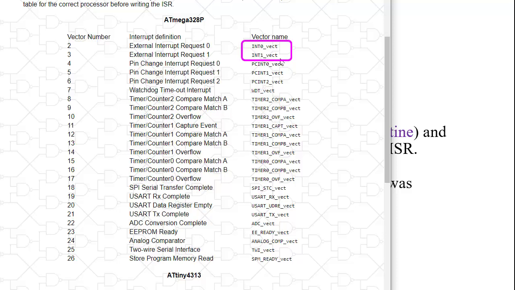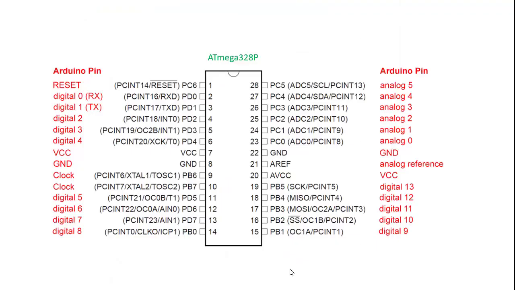In this program, I will use interrupt 0 to operate a buzzer which is connected at port D pin number 6 of Atmega 328P. Which pin is connected with this interrupt 0? This is the mapping of Atmega 328P on Arduino board.